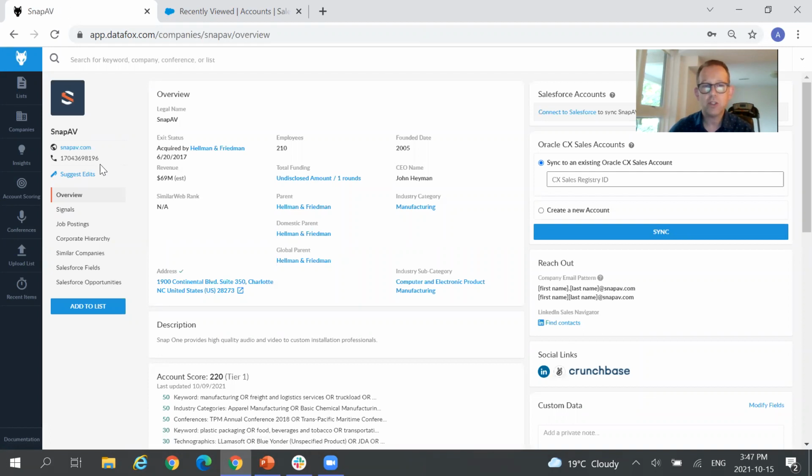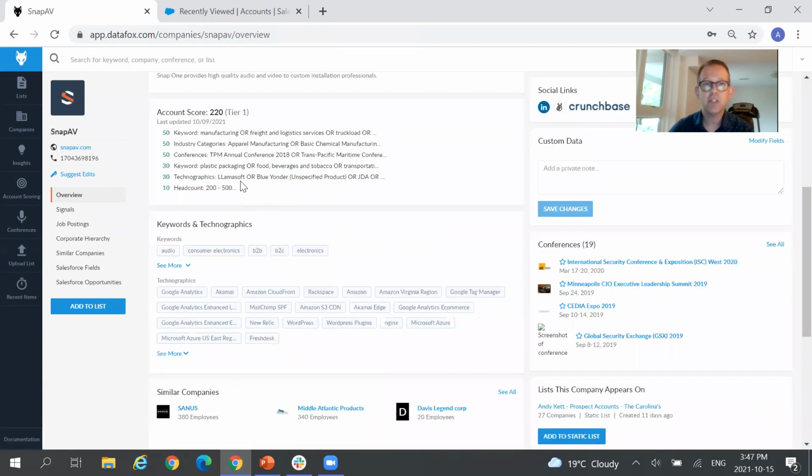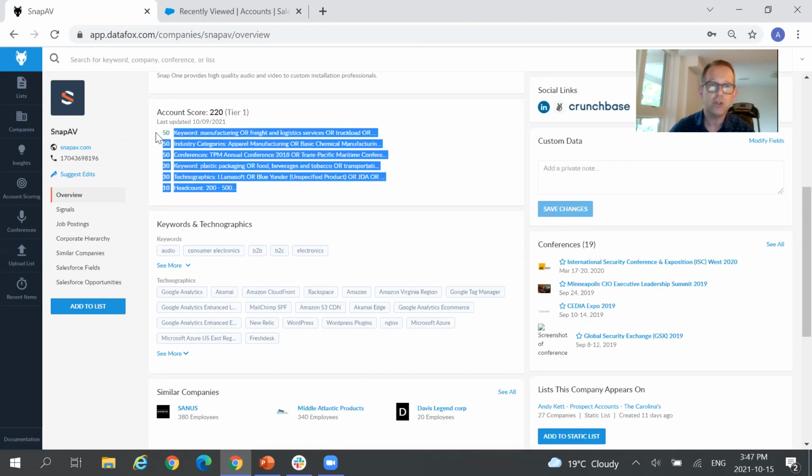And so when we look at SnapAV, I can see that this is a tier 1 account for me with an account score of 220. Now, I'm just highlighting the reasons why here. They have tagged their website with various keywords, which is important to our organization. They are also categorized as a specific type of manufacturer that we've been very successful selling to.